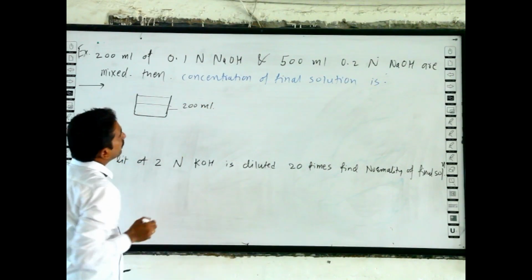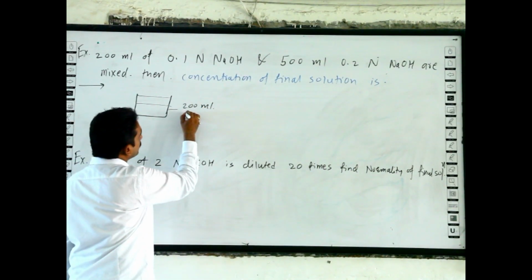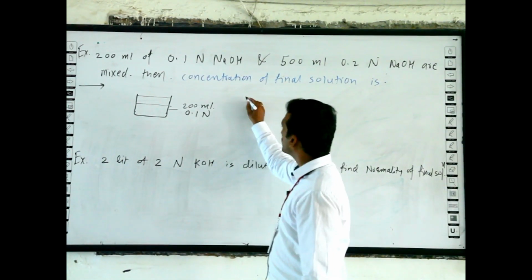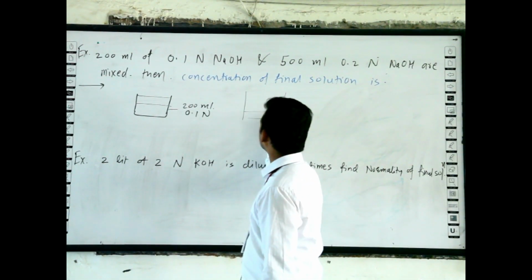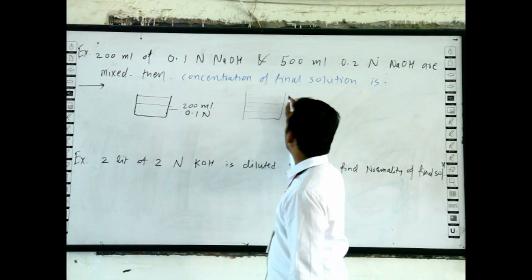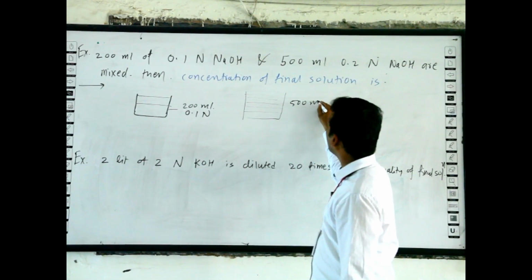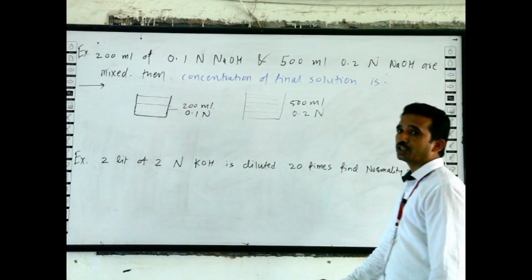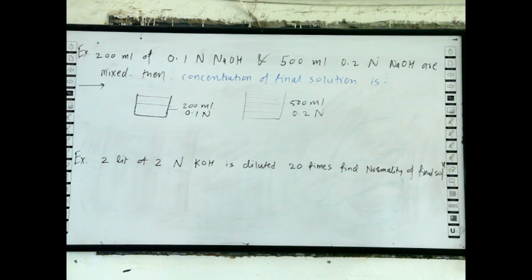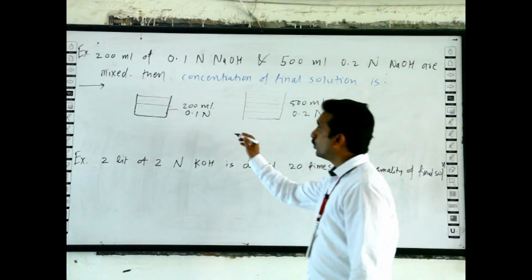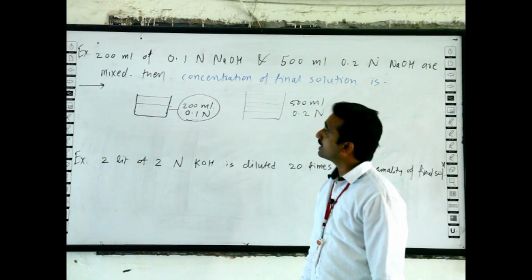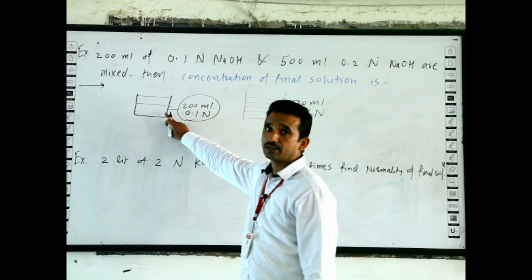The first solution is 200 ml and 0.1 normal, and the second one is 500 ml and 0.2 normal solution. These two solutions are mixed. First, here we will write how many gram equivalents are present in each case.